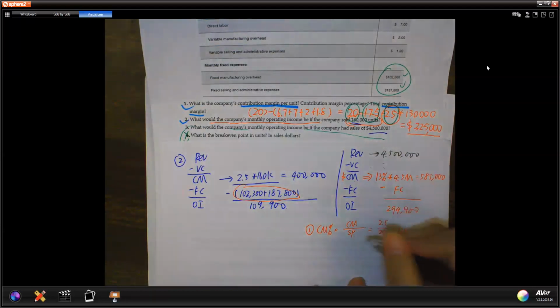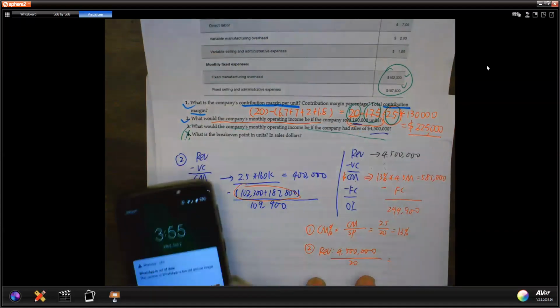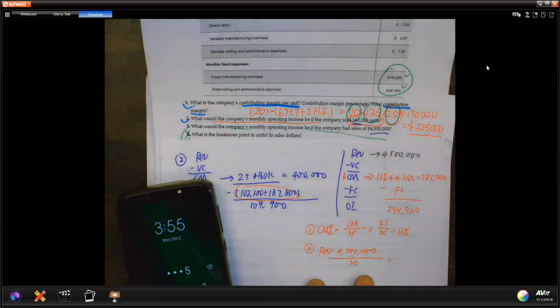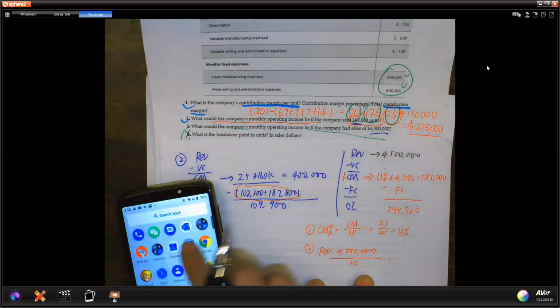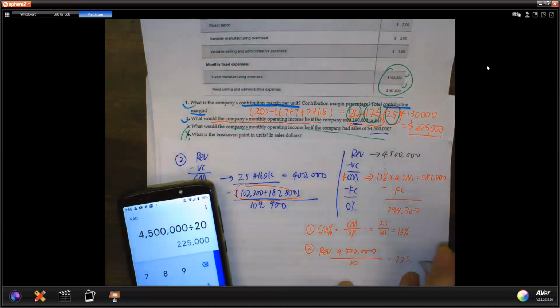Second method we can do is, okay, we said our revenue is 4.5 million, and each one, the selling price is $20. So I want to get how many units I sold. My phone is so slow, sorry. 4.5 million divided by 20, so I sold 225,000, right?